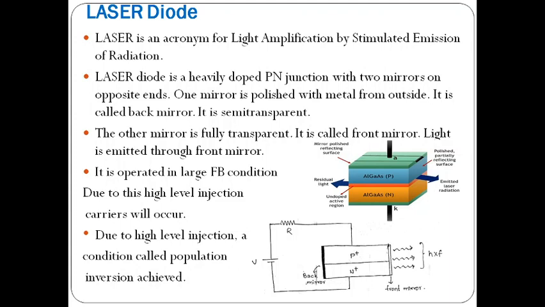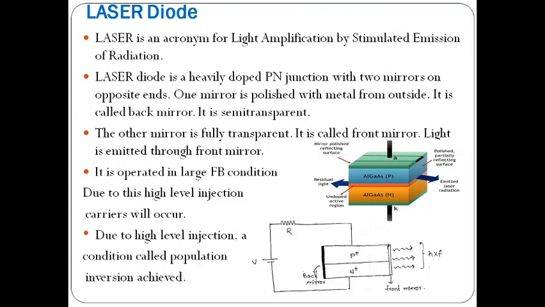We know that the photon energy is h into f, or hc by lambda, so the wavelength of the photon is lambda. When energy or light or a photon is released this way, it is a spontaneous emission. It is the same as in the light emitting diode.